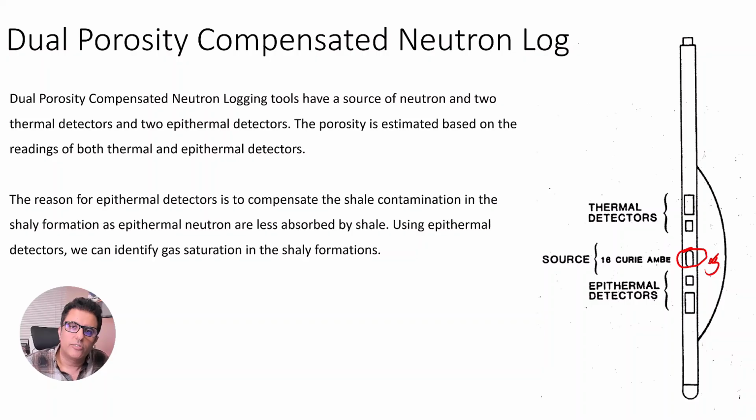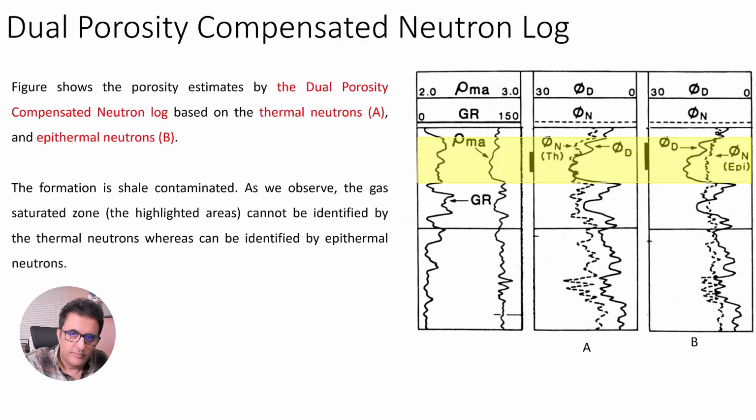So this logging tool measures not only the thermal neutrons, but also epithermal neutrons. Because epithermal neutrons are less affected by shale, they can help us see the excavation effect in shale formations, from which we are able to identify gas saturated zones.